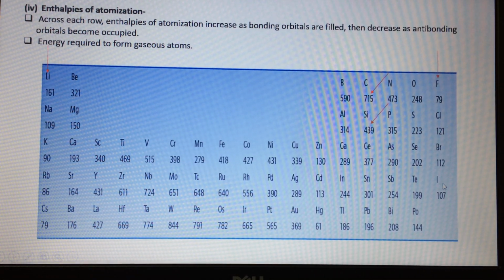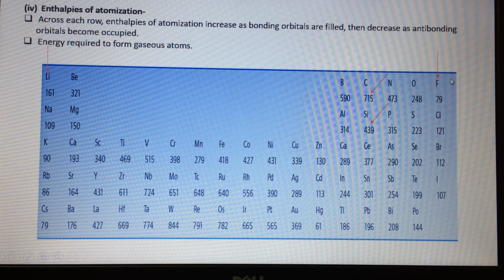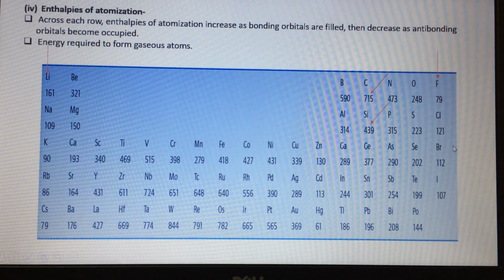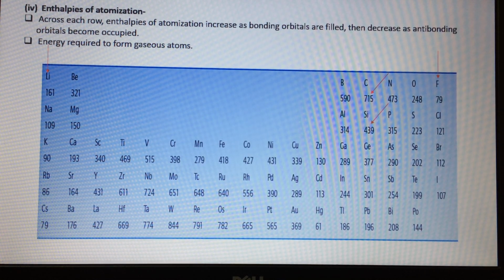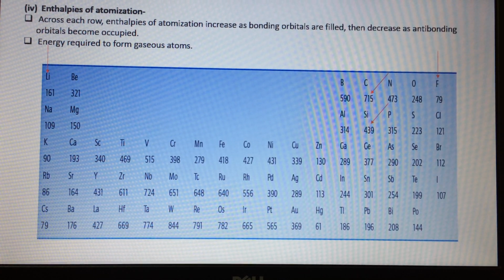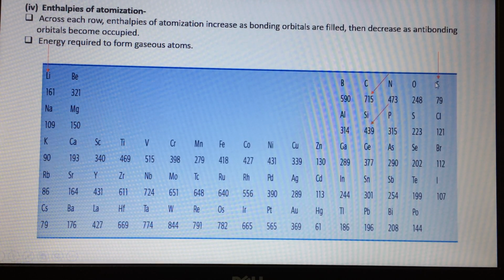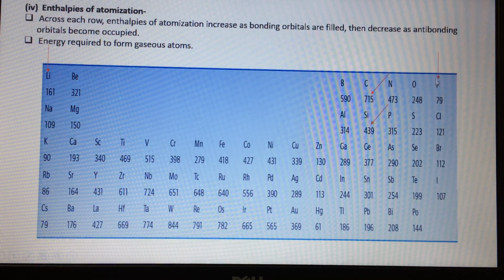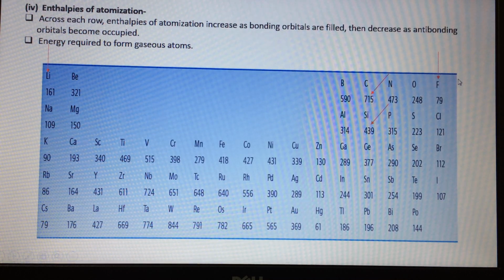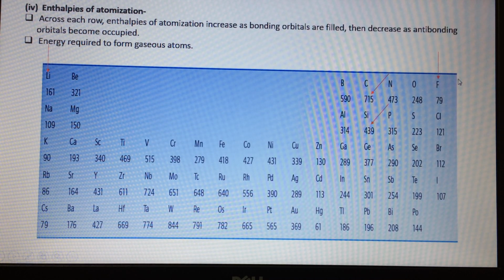Like that here also. After that, the inert gases, helium and neon, like that the series comes after that. That's why only one electron is needed for the p5 outer electron configuration, so only one electron is needed to form the gaseous form.